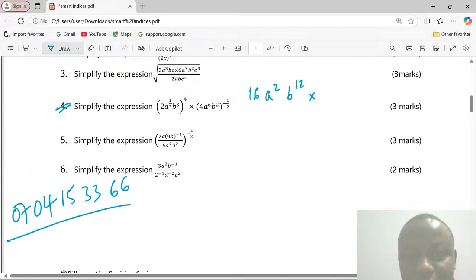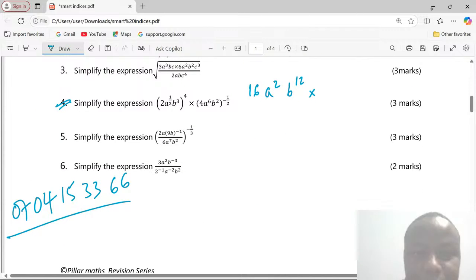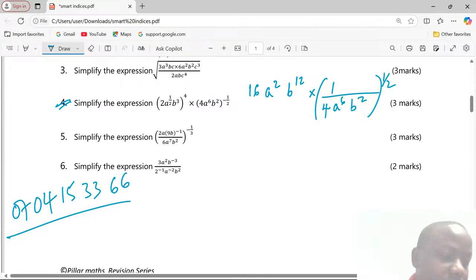So we take the reciprocal of everything here, 4, a power 6, b power 2, and the power becomes positive, a half. Let's solve it. 16 a power 2 and b power 12.